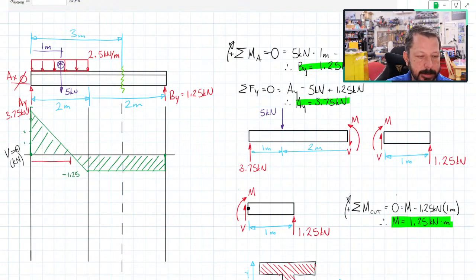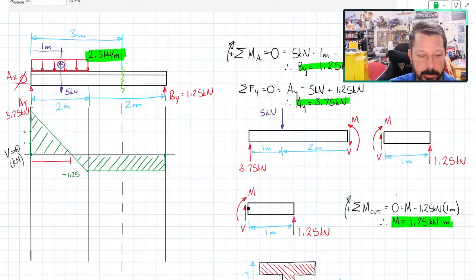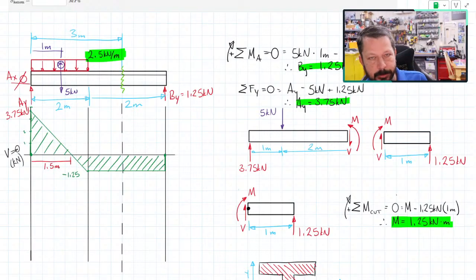To get that distance, I take the height of that triangle, 3.75, and divide by the slope of that line, which is 2.5 kilonewtons per meter. So 3.75 divided by 2.5, 1.5. So it takes 1.5 meters under that distributed load of 2.5 kilonewtons per meter to go from 3.75 where I started the triangle down to 0.